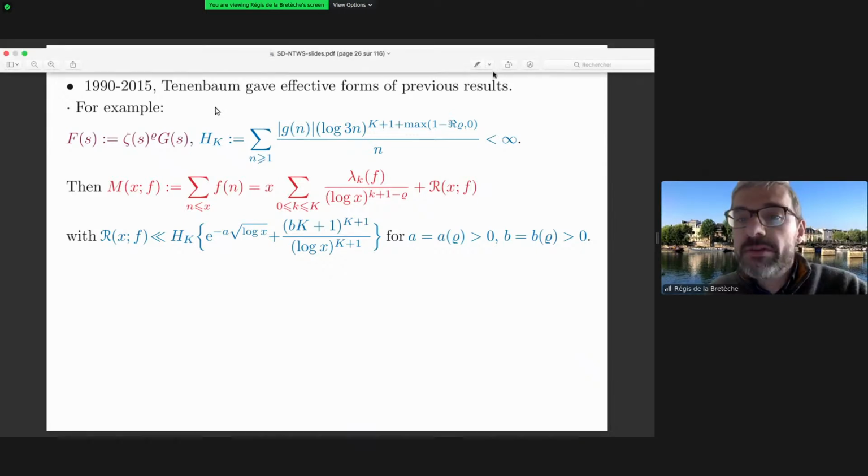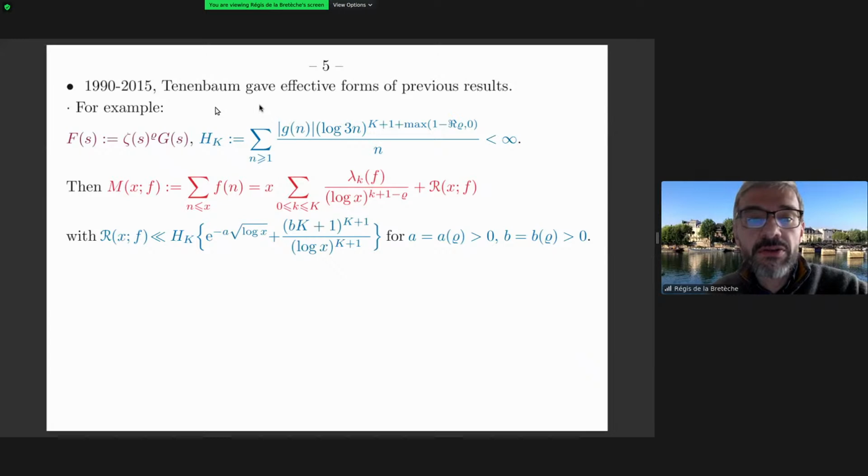Oh, so there is some question. Oh, sorry. Yes, maybe there is a factor x. Sorry, in the upper bound. And the second term of the upper bound is x times a constant times k plus 1 power k plus 1 over log x power k plus 1. So if k is large, it's an accurate estimate.